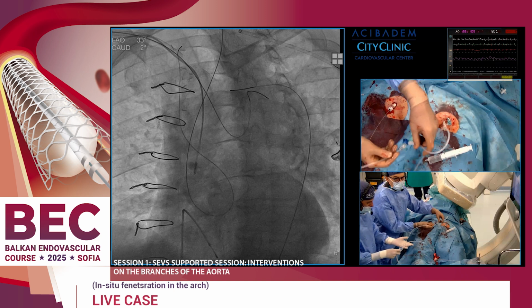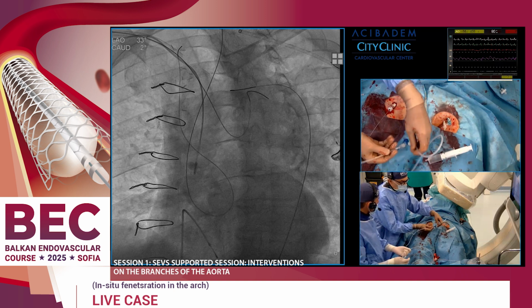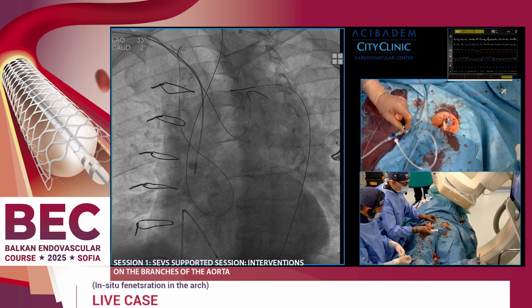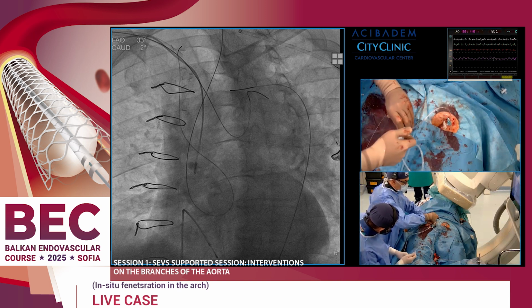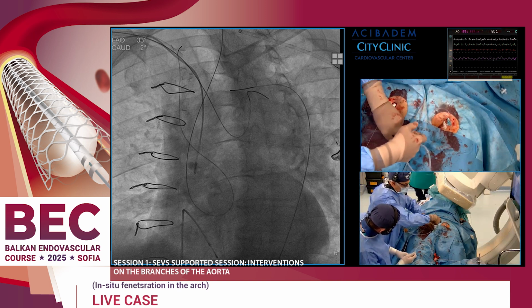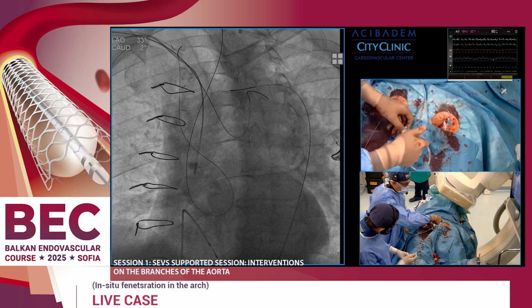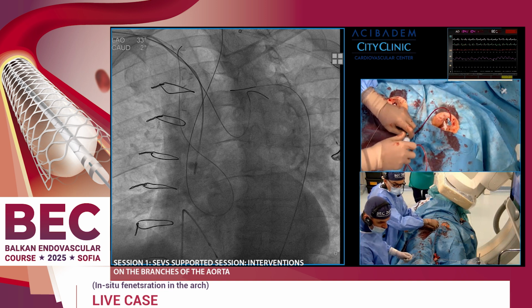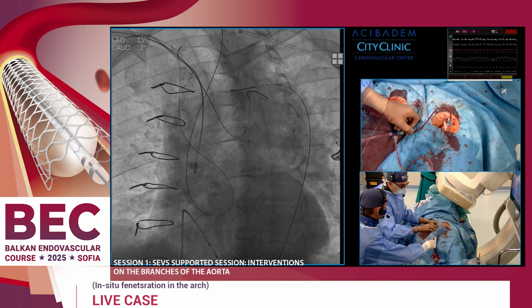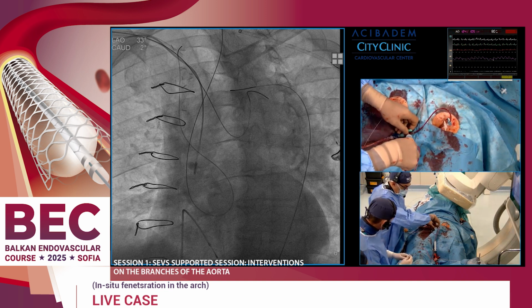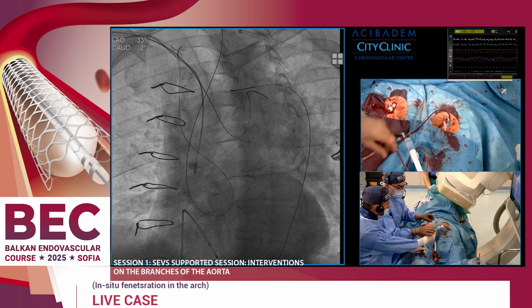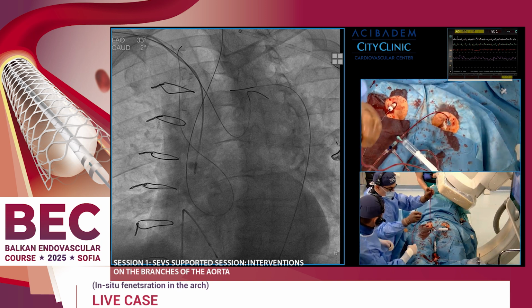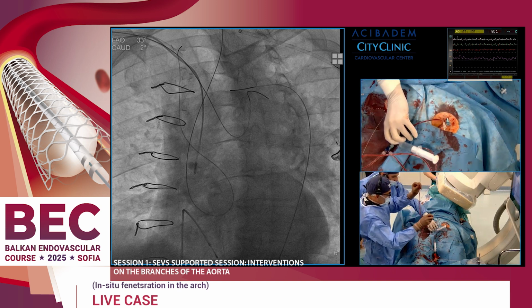Here is the tubing that is divided in two, and it will be flushed. Okay, it's flushed. Excellent. We are ready to connect.